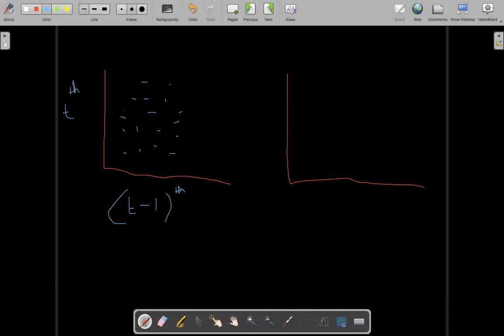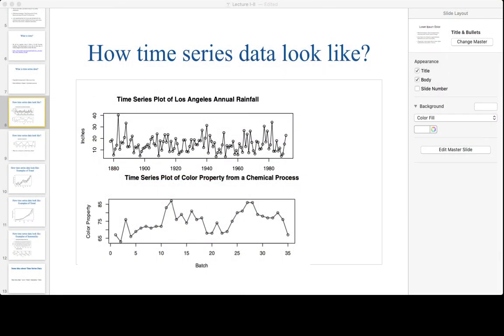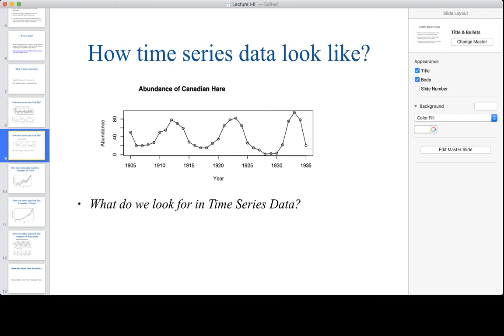Let me go back to that. We'll see the example of the Canadian here. So this is clearly a positively correlated time series.